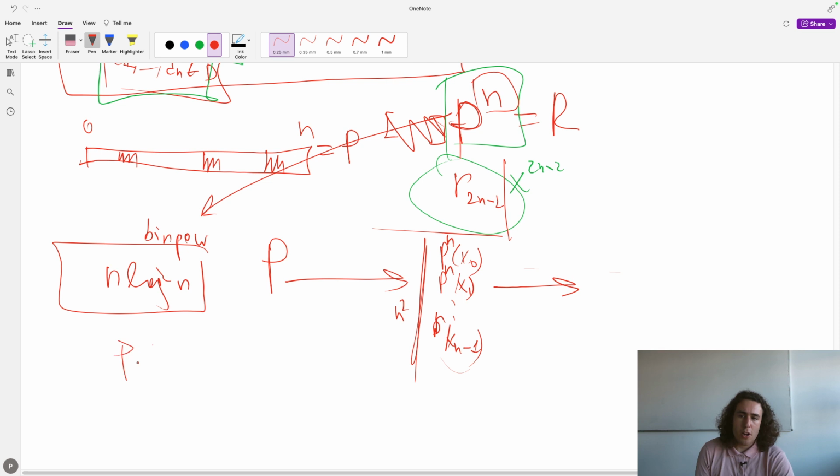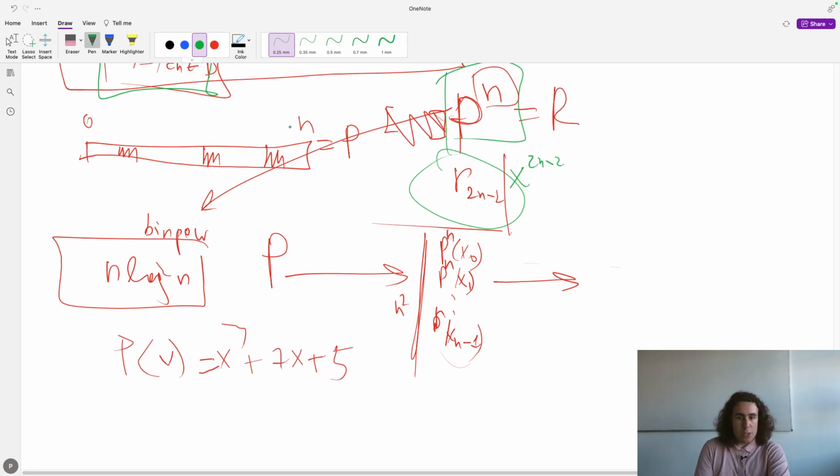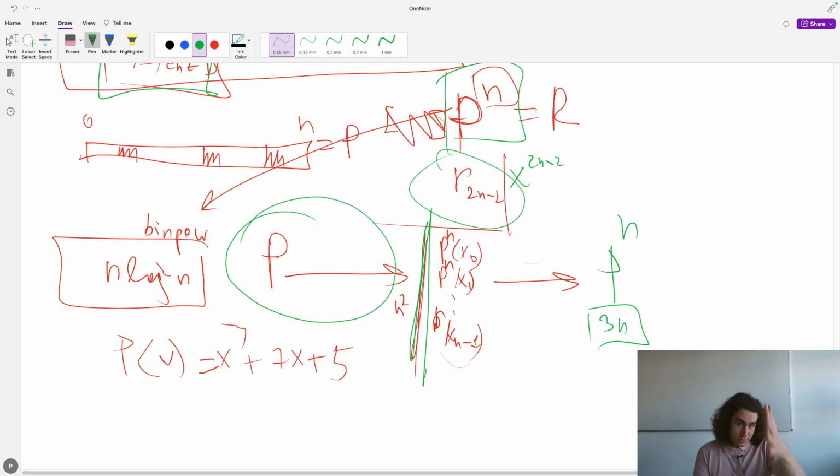Like if my polynomial was something like x cubed plus 7x plus 4 plus 5, right? Then it's going to work because I need the number of points to be the degree of the final polynomial. But if this degree is constant, then this degree is at most 3n. So I can evaluate this polynomial just in 3n points, exponentiate all these points, and then go back. And then it will work in O of n log time.